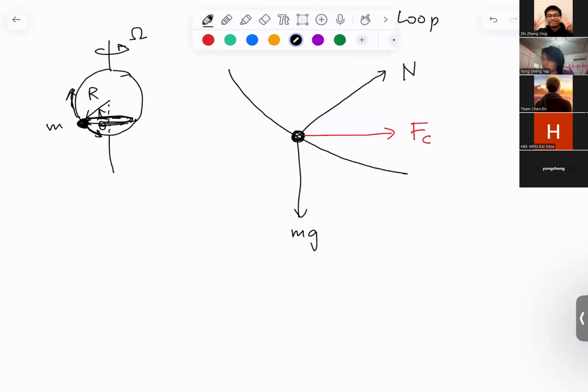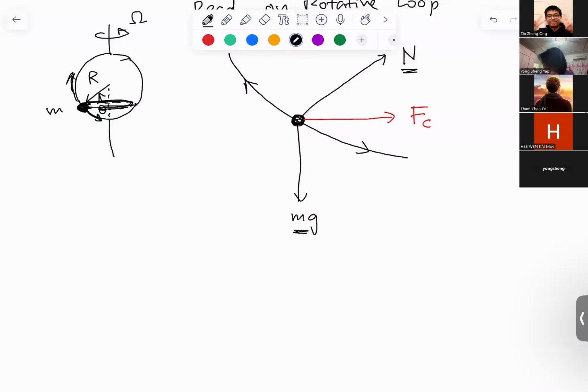In your free time, you can write down the equation of motion in terms of the forces. I'm going to write it down in terms of the torque. So what are the torques given by the normal force and the weight that allow this bead to move along the loop? We know the normal force is always along the radial direction, so there's no torque from the normal force.